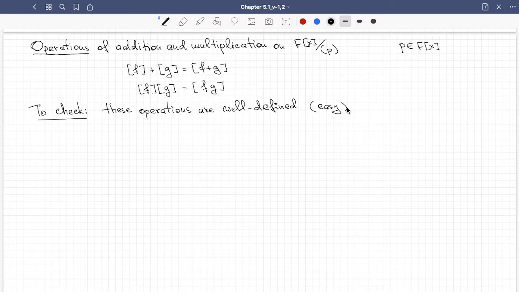With these operations, the set of equivalence classes becomes a ring.